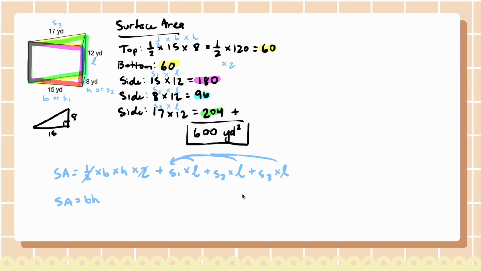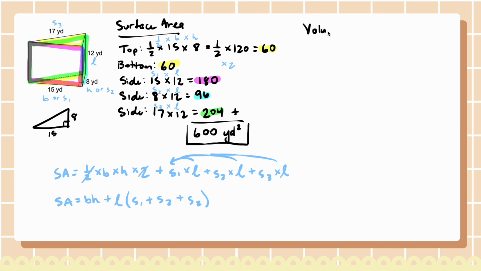And let's consolidate this part. So I'm going to do plus L factored out, parentheses, S1 plus S2 plus S3. And all of the stuff in the parentheses is essentially the perimeter of this triangular base. And this is the formula that you typically see on Google or in a textbook.